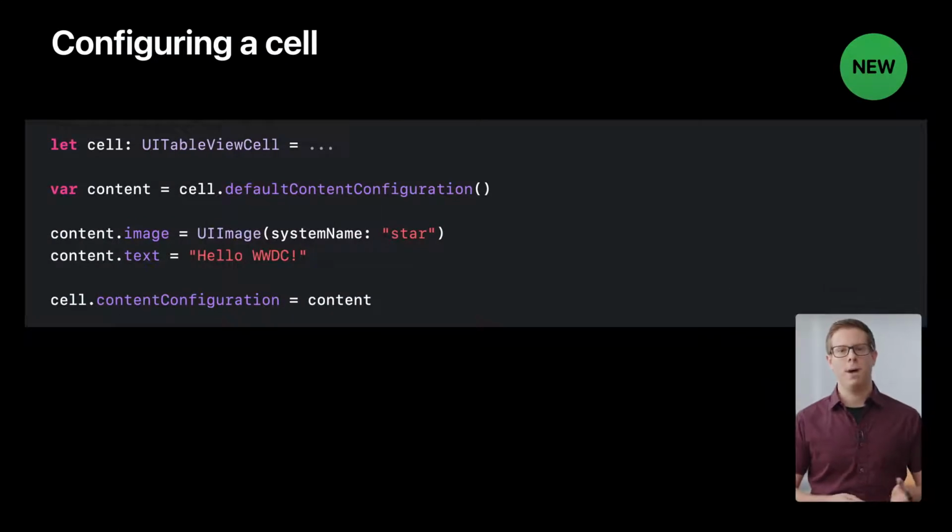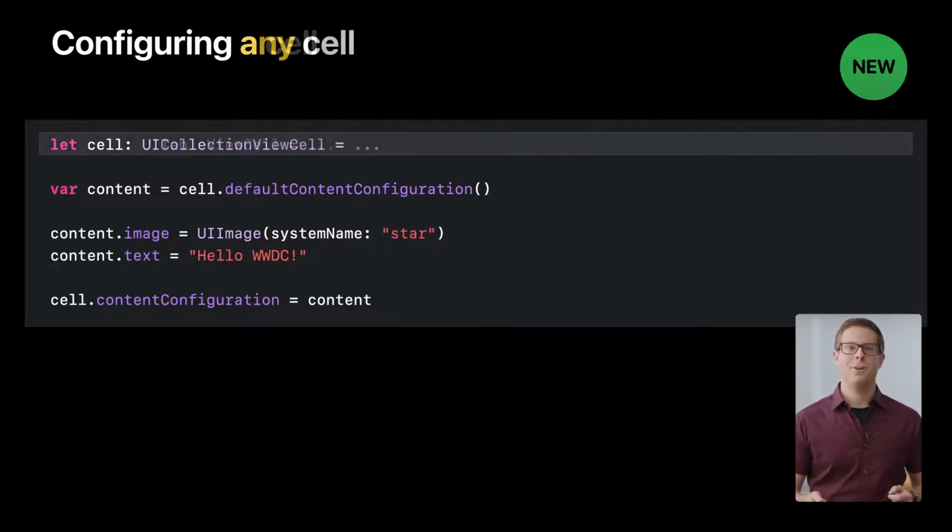So what have we gained by using a content configuration to set up our cell? Well, for one, the code that you see here to configure a table view cell is actually the same code you would use to configure any cell, such as a collection view cell. In fact, the same code works for any view that supports content configurations, even ones that aren't cells, such as table view headers and footers.